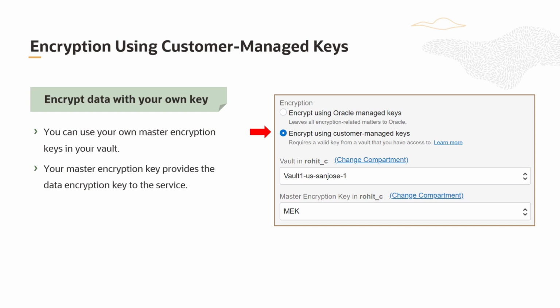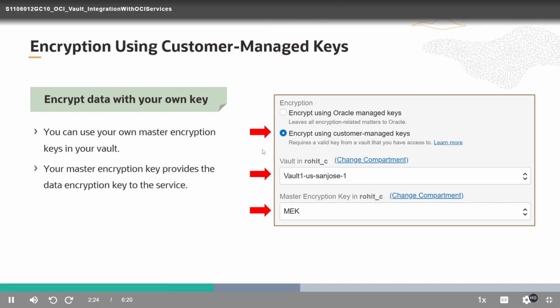As shown on the screen, you locate your vault and choose the key you wish to use. There are various security reasons for doing this, but the most common use case is when provisioning resources in a designated security zone compartment. In such cases, buckets cannot use an Oracle managed encryption key and must use a master encryption key from your own vault.